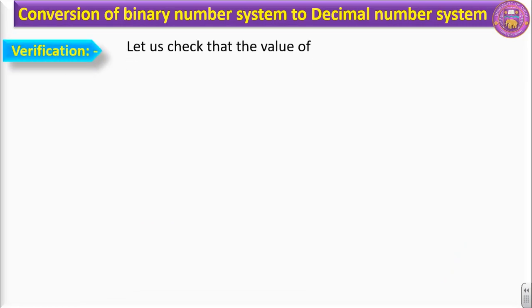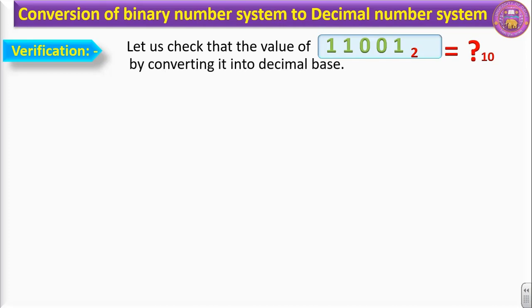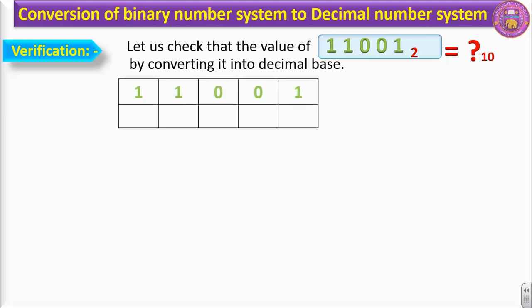Let us check the value of 11001, which is in binary form. What is the equivalent of this number in decimal number system? We have number 11001. Now in this case, this 1 is the digit, this 2 is the base.